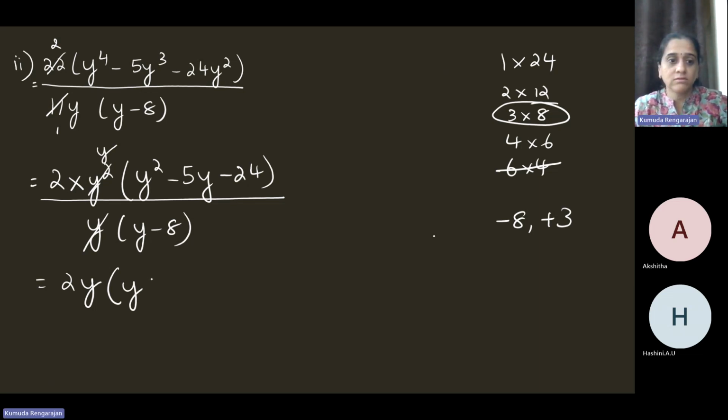Take out the common factor, no? y squared minus 8y plus 3y minus 24.